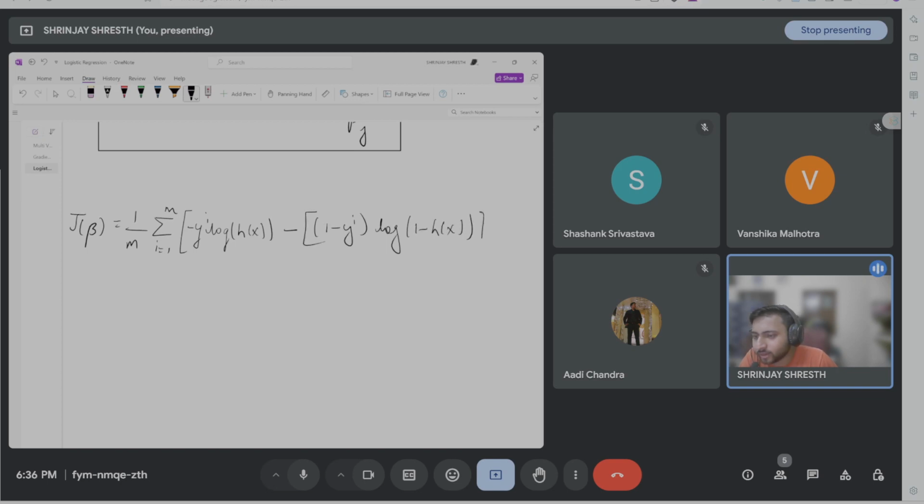This whole thing is one term, this is for the ith value. Yeah, this is your loss function essentially.